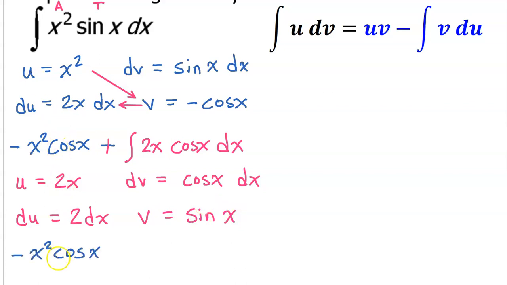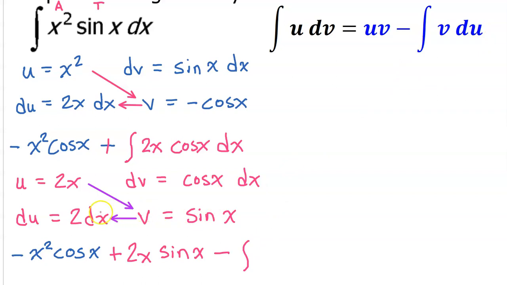We bring down the first term, and then we need to find the antiderivative by filling in the right side of the integration by parts formula. u times v is this times this, so we have 2x sine x. Then we have minus the integral of v du.